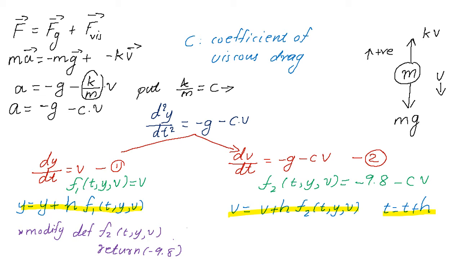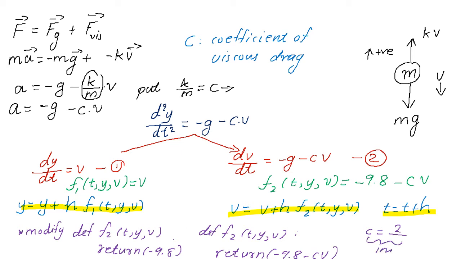Instead of this, you must define f2 of t comma y comma v as return minus 9.8 minus c into v. Another important point is that we don't know what c is, so you must set c as some value, say 2.